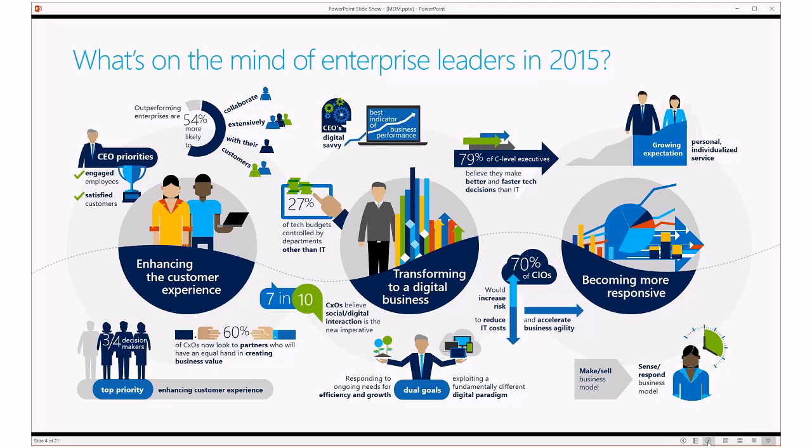And that customer can be a worker who's just trying to get their work done remotely. It can be someone who's about to get on a plane and needs access to some information before they do it. It can be something that is consumer facing, right? So everyone wants to enhance that customer experience, and a lot of times enhancing that customer experience is allowing people to work flexibly and the way in which they want to work. And obviously giving IT the tools to manage that.